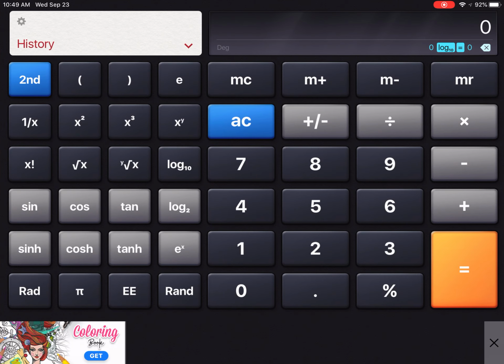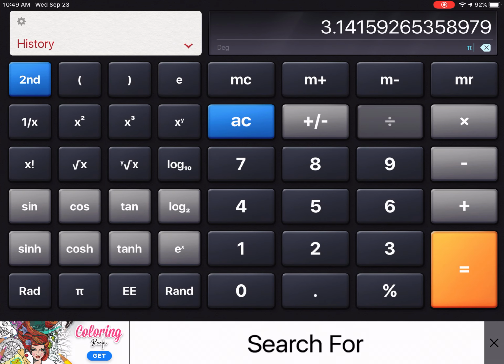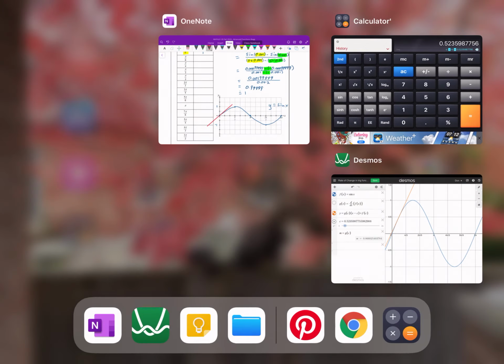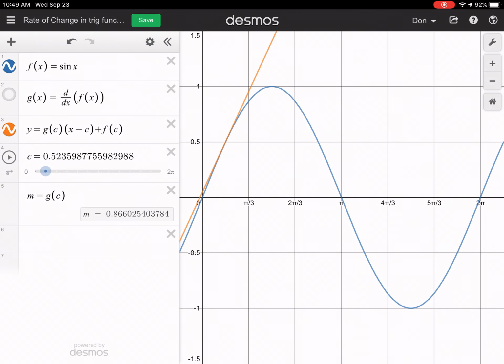If I were to actually divide pi by 6, I get that same number, 0.52359, etc. So pi over 6 as a decimal is 0.52359. So here's the point where x is pi over 6. Here's the tangent line at that point. Notice how the slope is a little bit less. Instead of being 1 now, let's round it to 0.87.